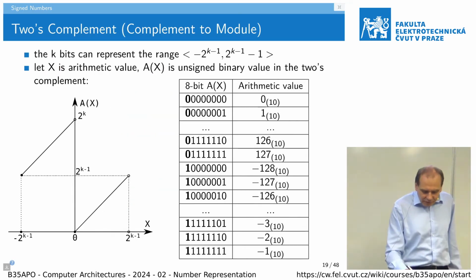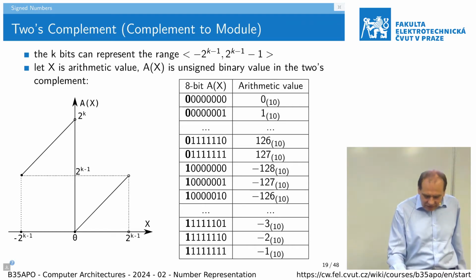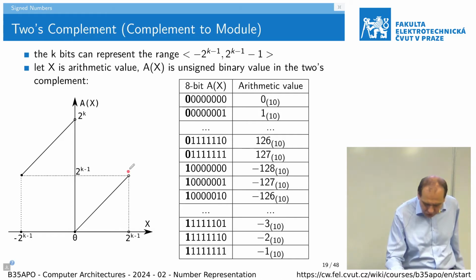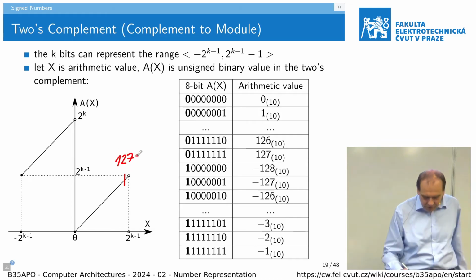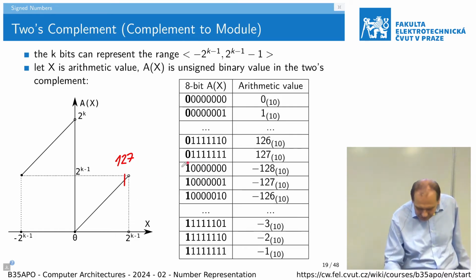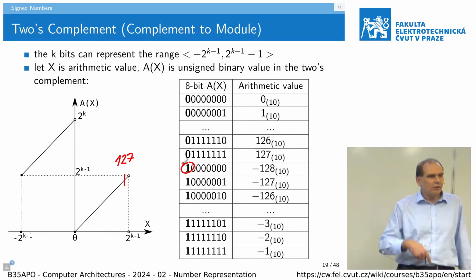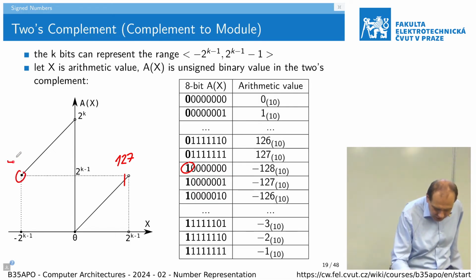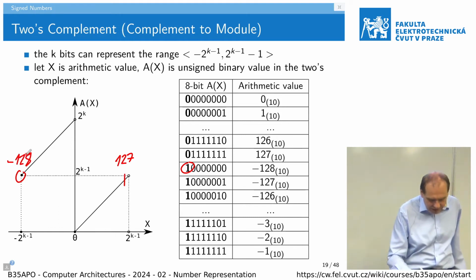And if you look at the axis, then we can represent a value, for example, for a byte from 0 to 127, but 128 already sets the most significant bit, so it overflows to the negative value. In this case, minus 128 can be represented.